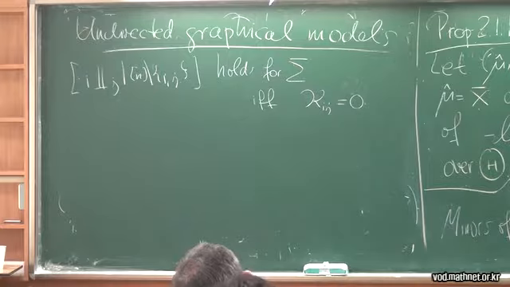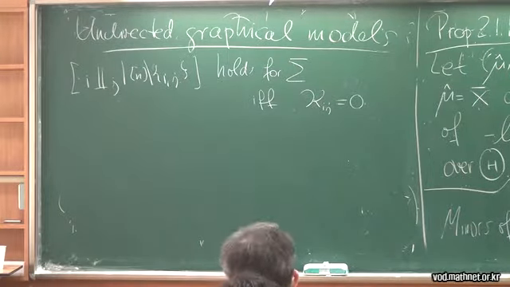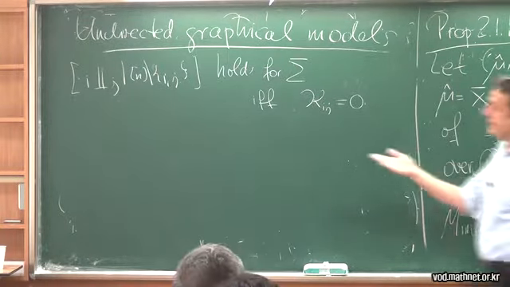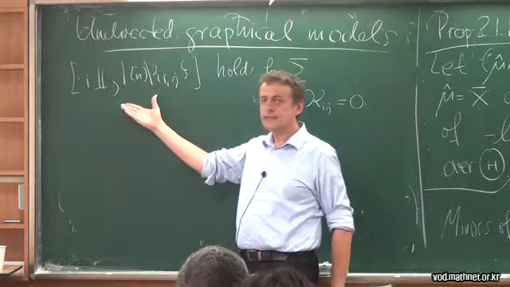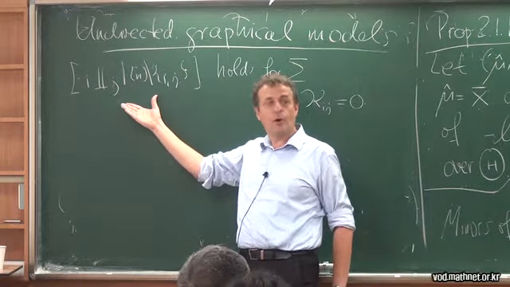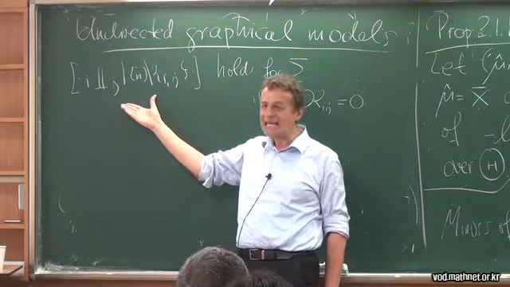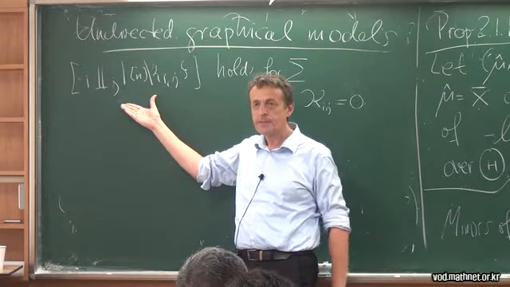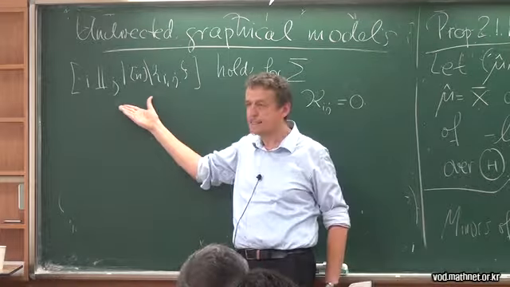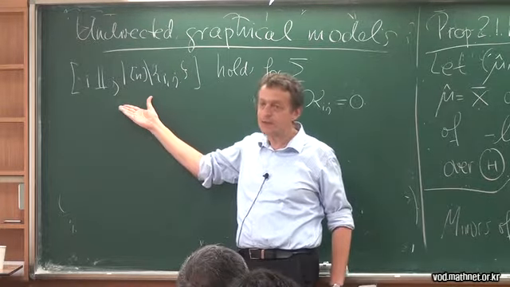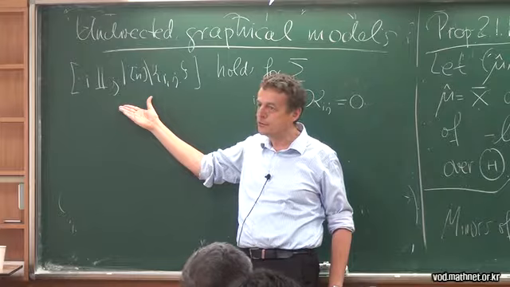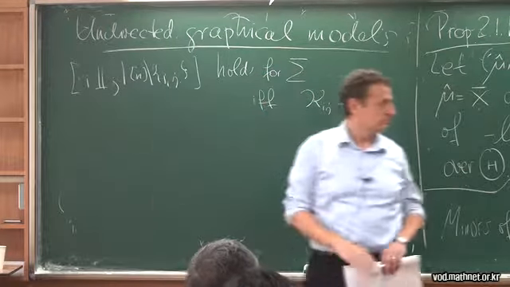Let's take a breath. This statement translates into an almost principal, almost maximal minor of the covariance matrix. So we have the n by n covariance matrix, and this statement with this rule says that an n minus 1 times n minus 1 minor is 0.